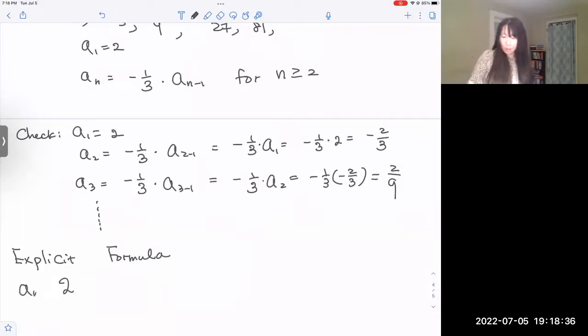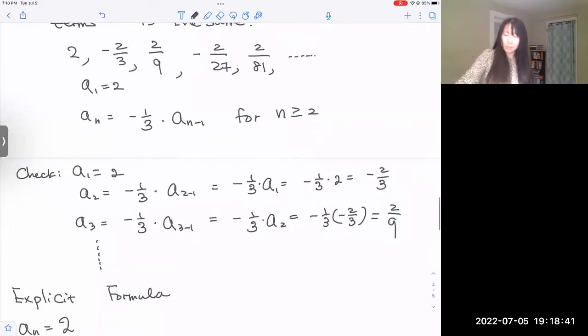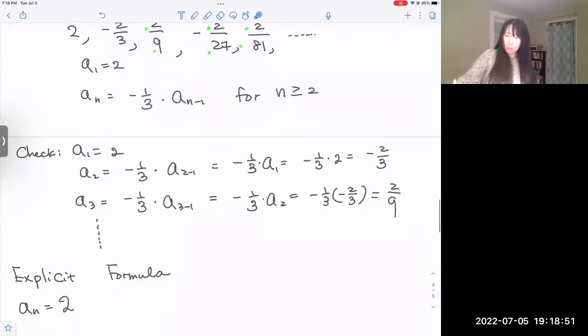And so a sub n equals, and can you see that there is a negative 1/3, positive 1/3, negative 1/3, positive 1/3, right? So we make that negative 1/3. Now, the power, let us do n minus 1, okay?